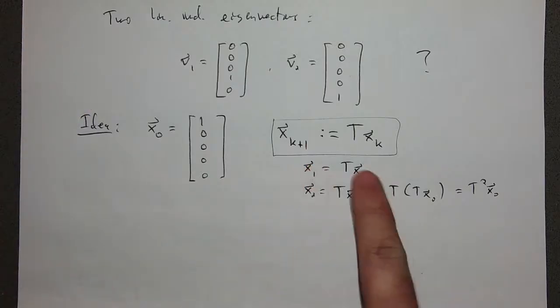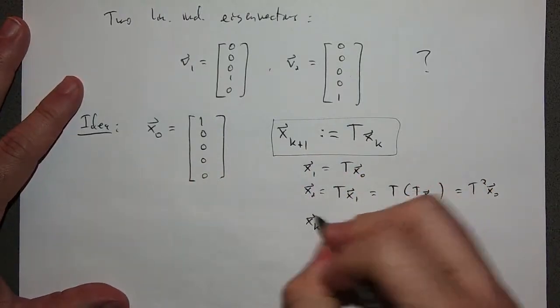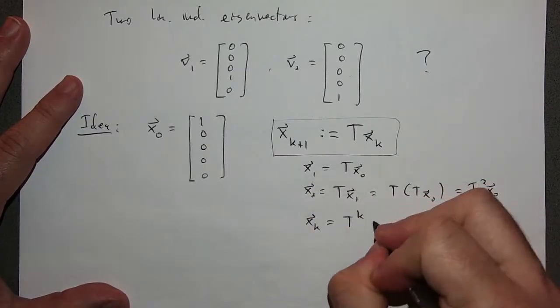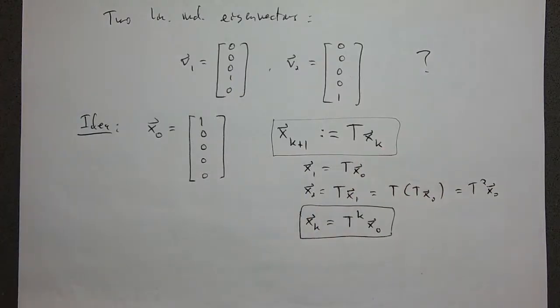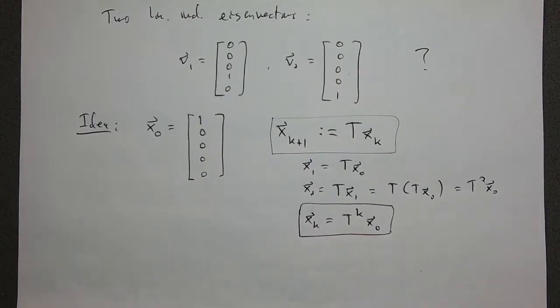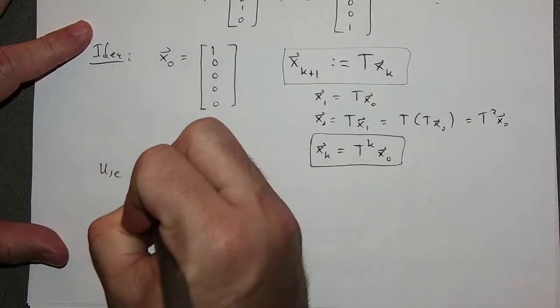If you wanted to rewrite this entirely in terms of the initial vector, the kth vector in this process is going to be T to the k times the initial vector. So really, this is all we need. We define this recursive process, but actually we can just find the kth step by finding the kth power of T. So let's see how this looks using MATLAB.